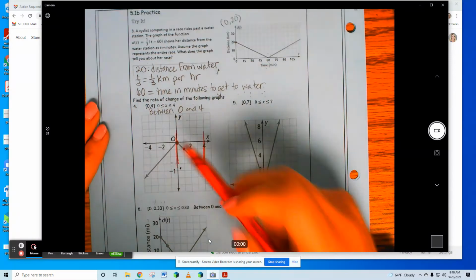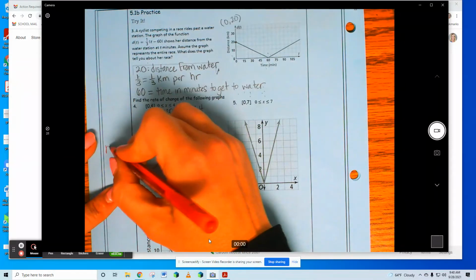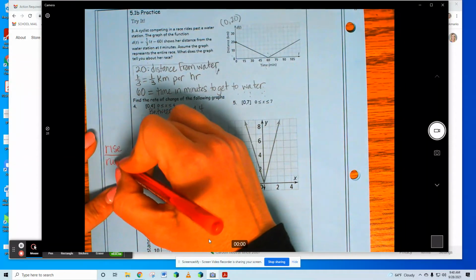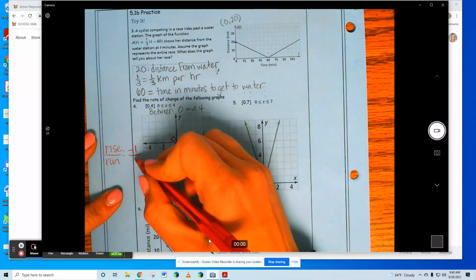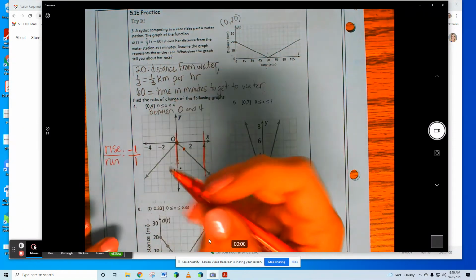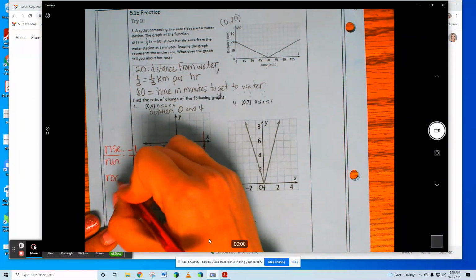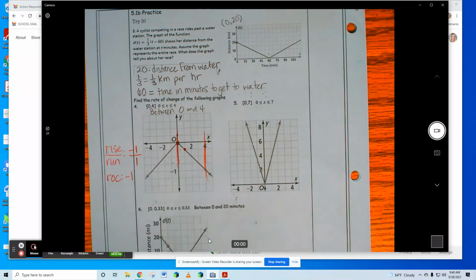And how many did I go to the right? 1 down and 1 to the right. That means my rate of change is -1. -1 over 1 is just -1.